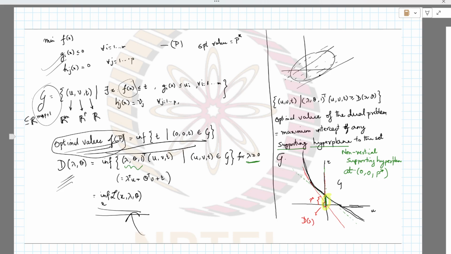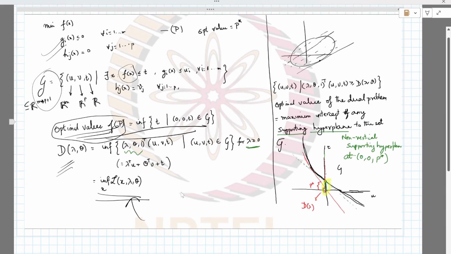So d(lambda, theta) is the dual function. Now, since this dual function is concave, is it required that f(x) is convex, and g(x) and h(x) are also convex, or in general it will be concave? In general, it will be concave. We can prove that.